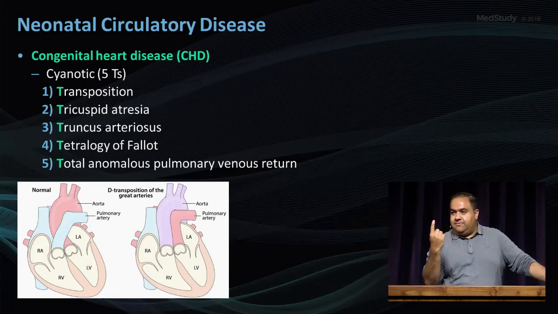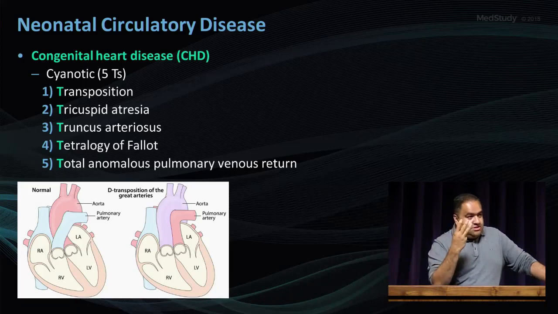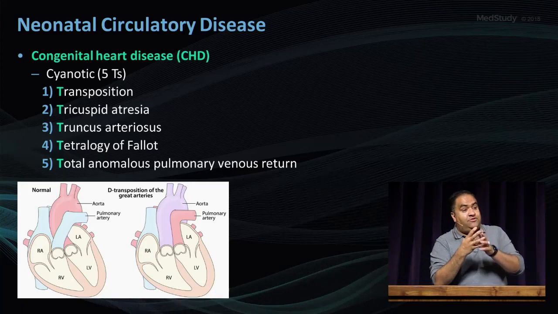So truncus, transposition, which is probably the most common type of cyanotic heart defect, tricuspid atresia, tetralogy of Fallot, and tetralogy of Fallot has 4 components.